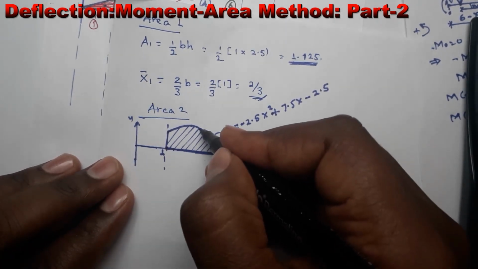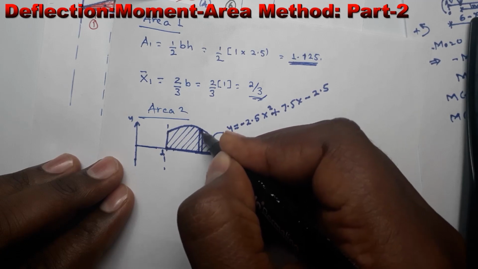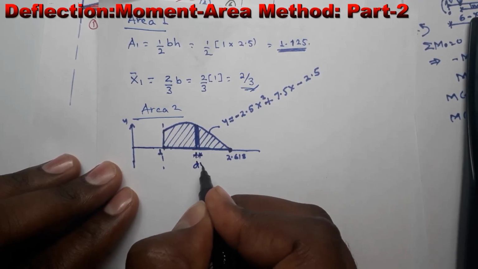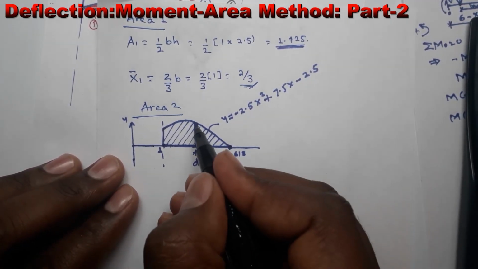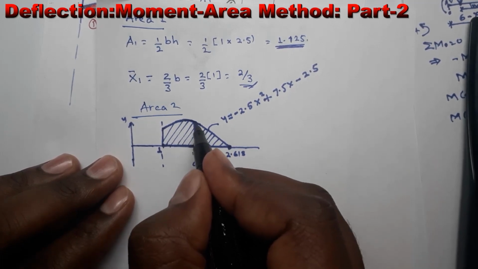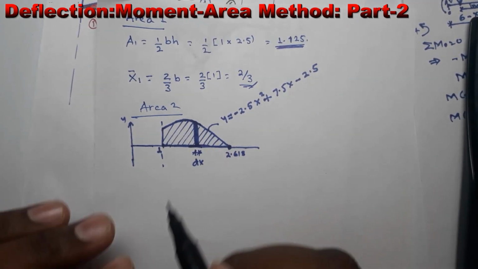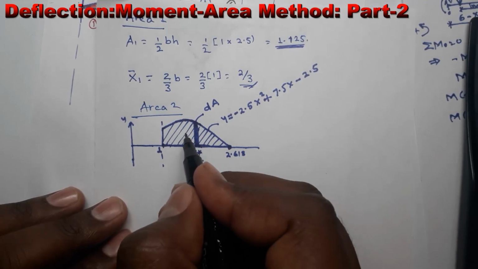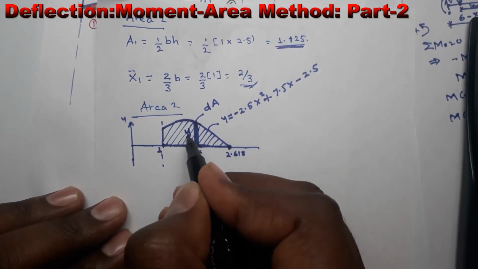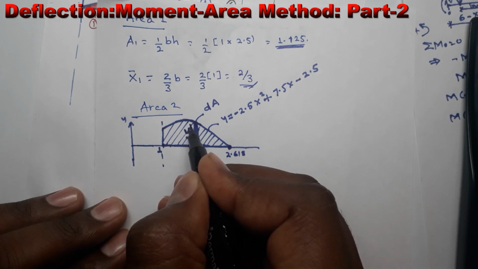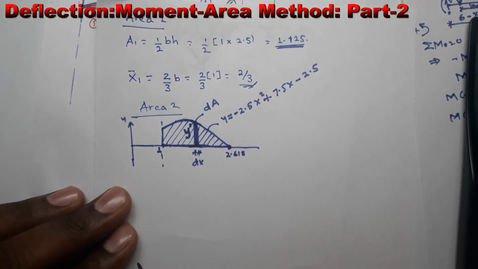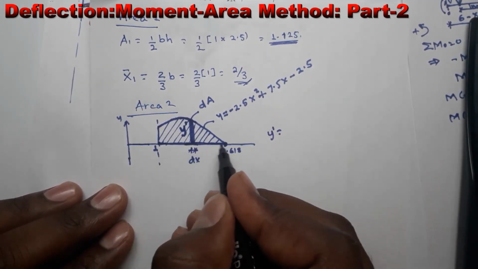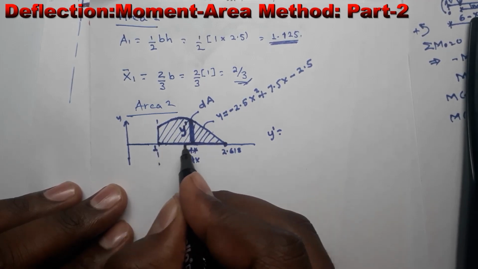If I take a differential area somewhere here, a very small section, the dimension from here up to here is called dx. The distance from here up to here is this y minus this y. So this small area is called dA, and let me call this y prime, where y prime equals the top function minus the bottom function.